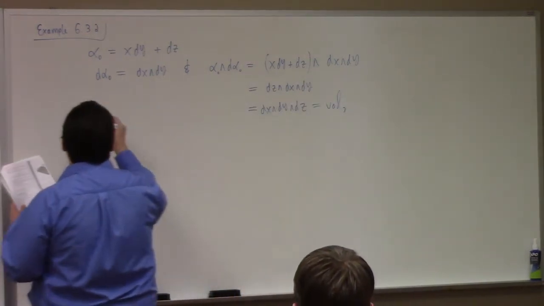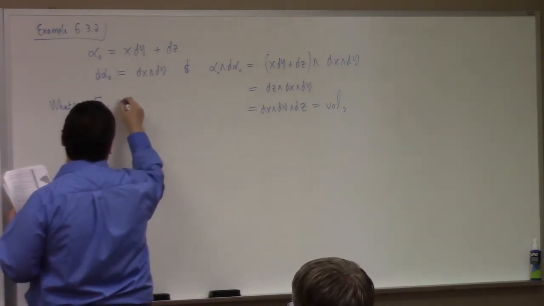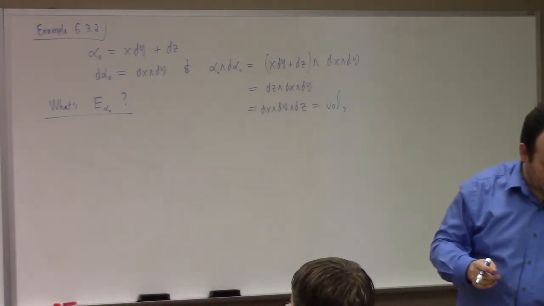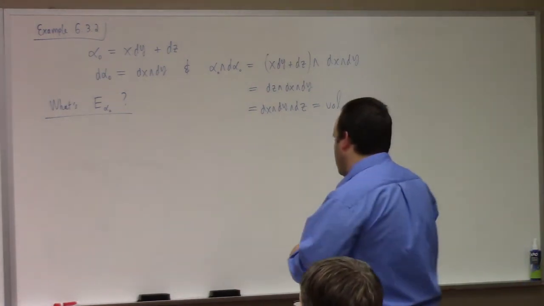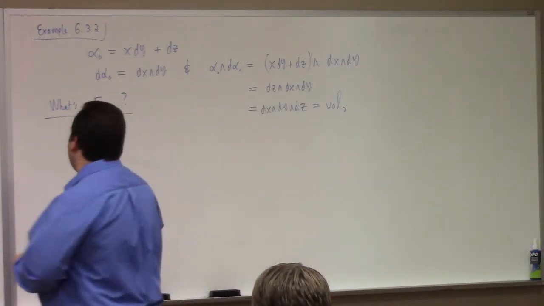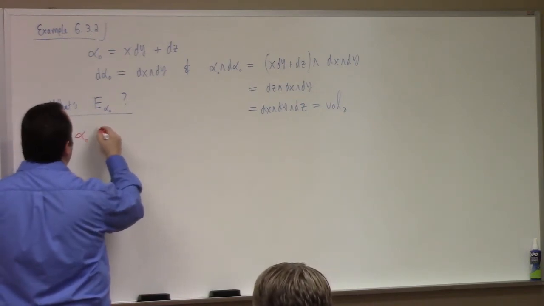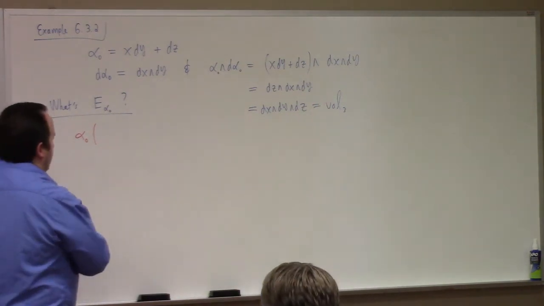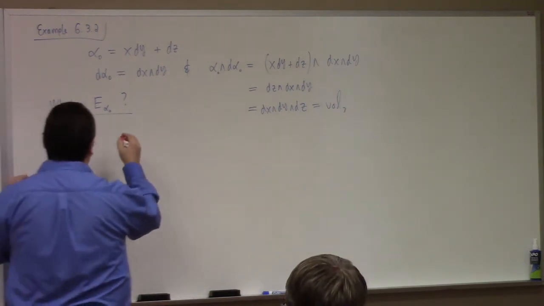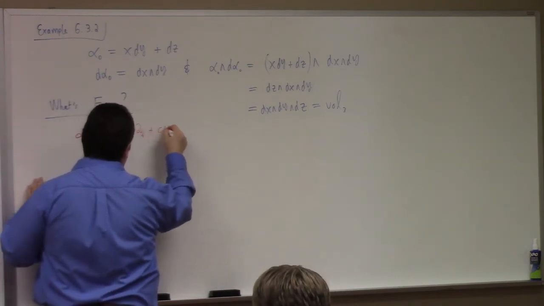What's the contact distribution? Now, he just writes it down. He doesn't tell you how to calculate it. Let's think about how to calculate it. It's not a big deal. We're looking for conditions, so let's think about an arbitrary vector field. Let's use A, B, and C for its coefficients: A partial x plus B partial y plus C partial z.